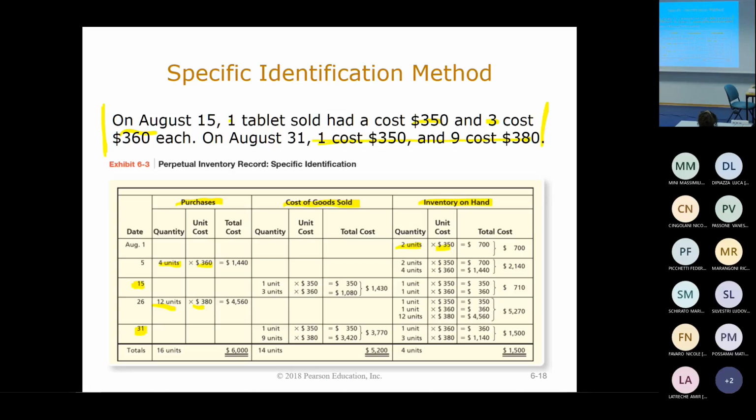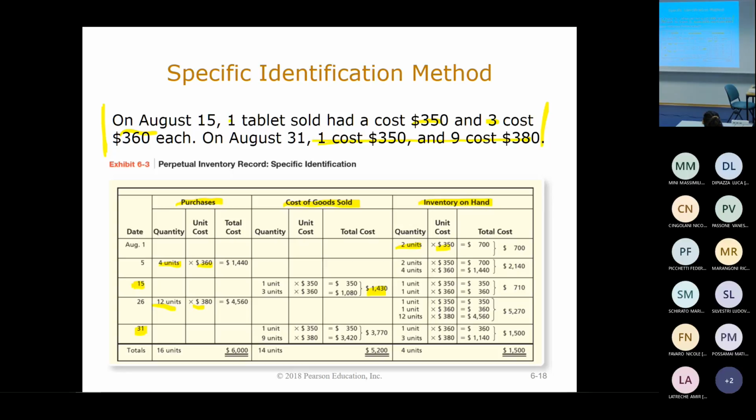The inventory on hand is calculated on the basis of what we have sold. And in this case, you can observe how we don't assume anything. So, for instance, when you sell on August the 15th, you sell 4 units. If you happen to know the specific cost, you can also determine the total cost of sales. Now, the journal entry and also the ledger will show the total value.